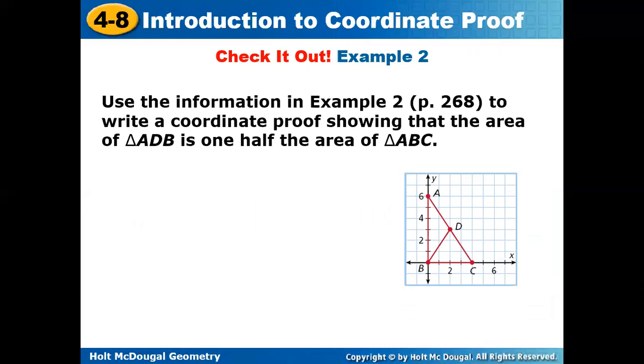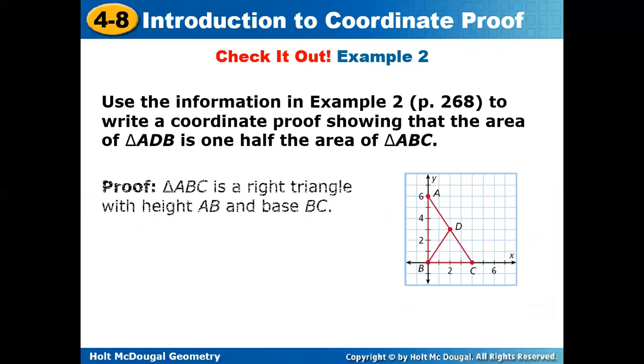Use the information from example 2 in your book to write a coordinate proof showing that the area of triangle ADB is 1/2 the area of triangle ABC. Prove that triangle ABC is a right triangle with height AB and base BC.